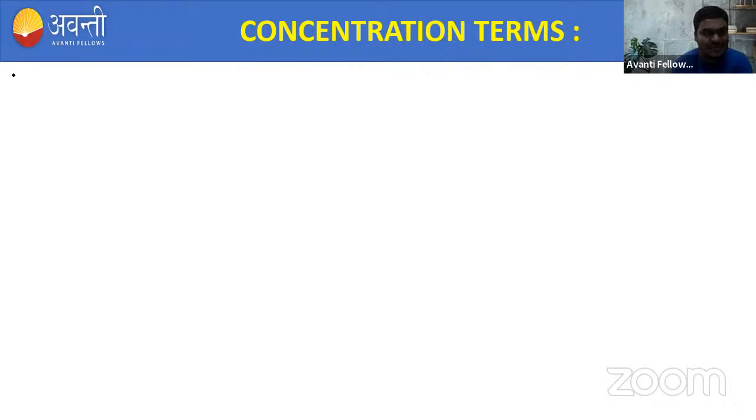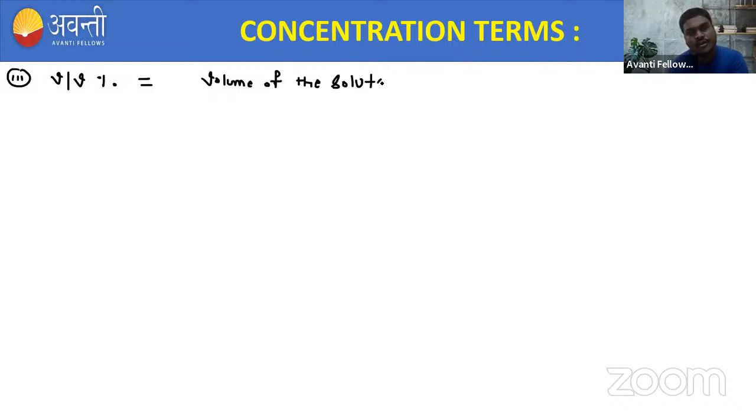So what is the next? Next we have volume by volume percentage, right? What is this volume by volume percentage? Can anyone tell? Volume by volume percentage means that is the volume of the solute divided by the volume of the solution.